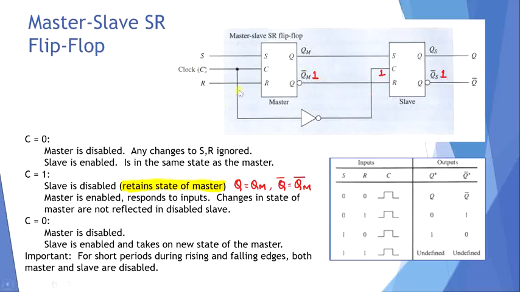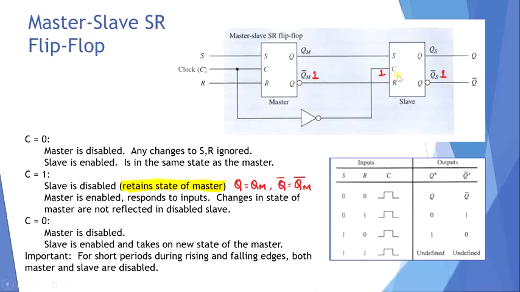Let me first consider that I am applying a clock equal to 0. When the clock is 0, the master will be disabled. So this particular SR latch will be disabled, and we have an inverter being used here. Since this is 0, you have a 1 that is provided to the slave.